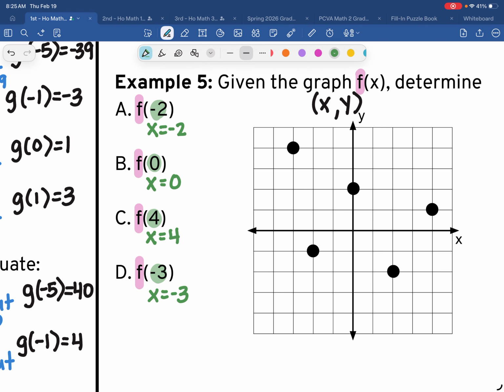All right, so when we look at this, we're going to go to the x value at -2. So here's the x value at -2, and I'm going to go to that point. Well, that point is going to a y value at -1. So that means that this has an output value of -1.